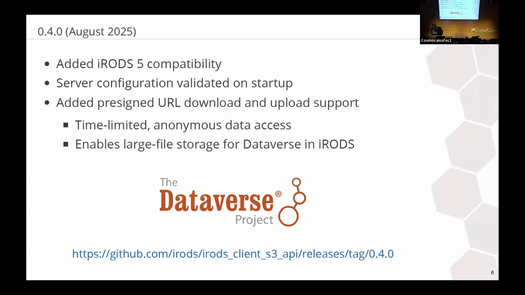Pre-signed URLs, for those of you who don't know, are time-limited anonymous data access through S3. So the client will generate a URL which is pre-authenticated, and then you share it with other people. I think a talk earlier demonstrated similar functionality. So it's like that.